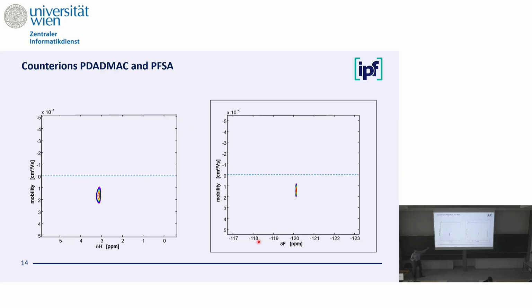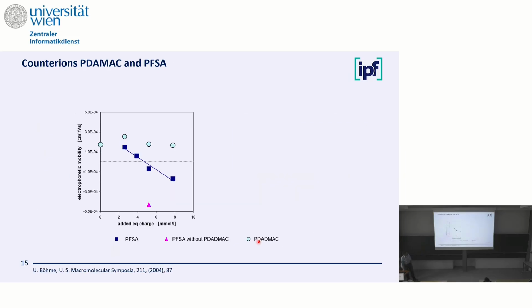It's after lunch, but if somebody dares to look very carefully, it's not exactly the same electrophoretic mobility. So what we really see here is that it depends on the concentration of the succinic acid. If there's only very little, it has a positive electrophoretic mobility.